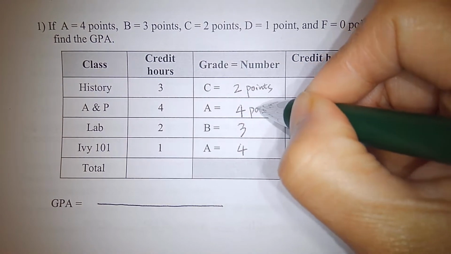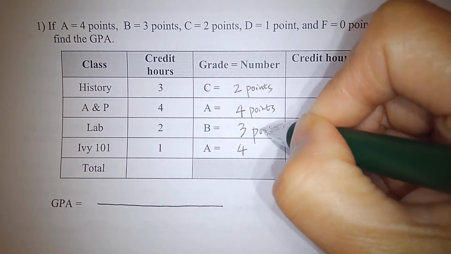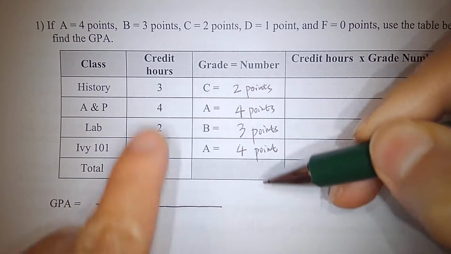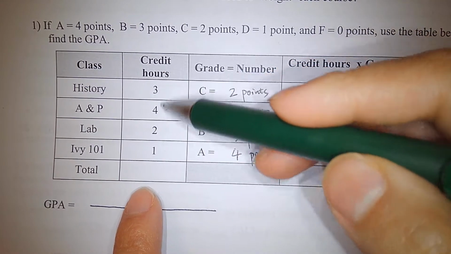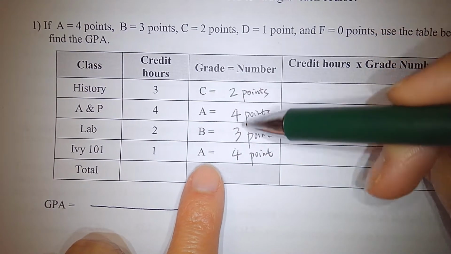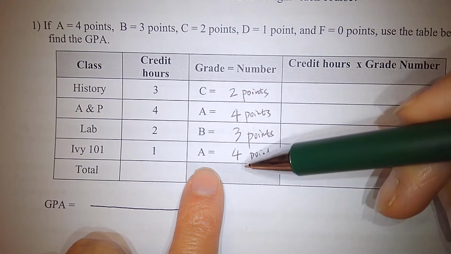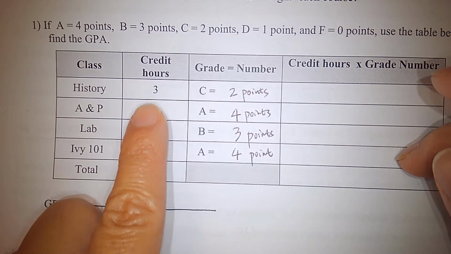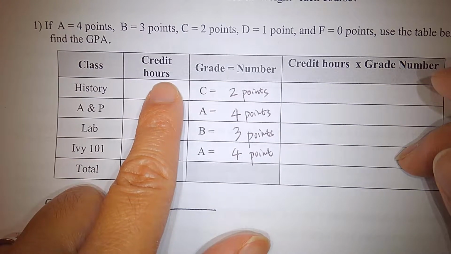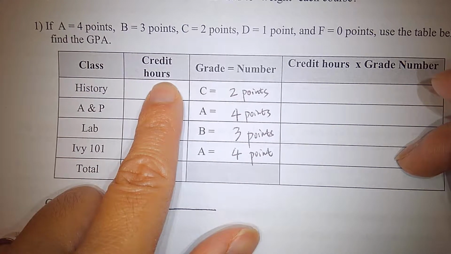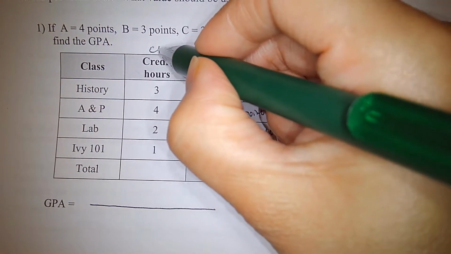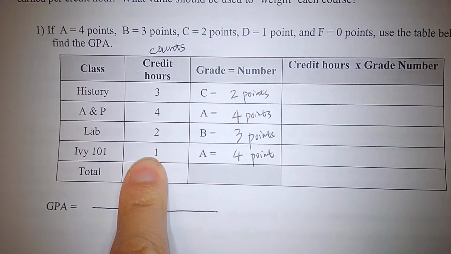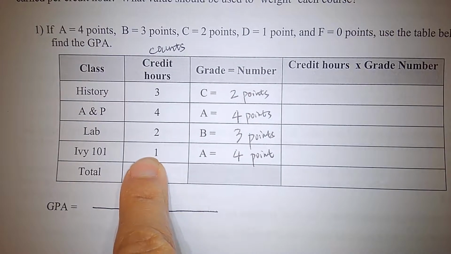We have two columns. One column is about credit hours, the other column is about the grades with points. Which column gives us the values? Credit hours give us values or counts? Counts. Credit hours give us how many counts for this class.